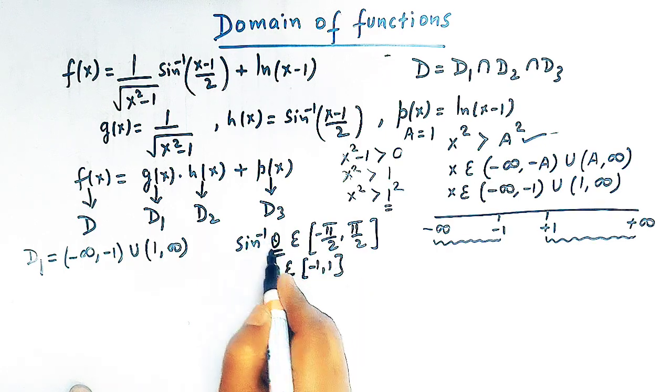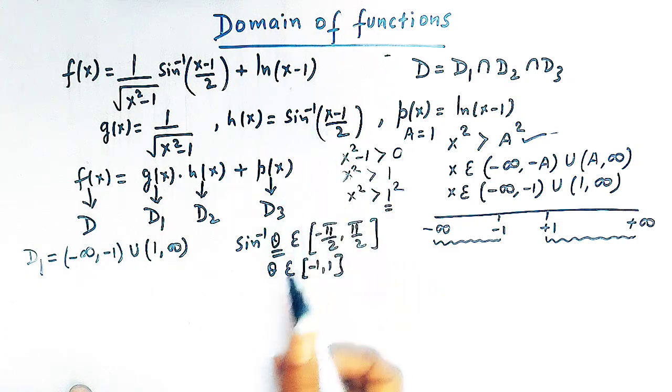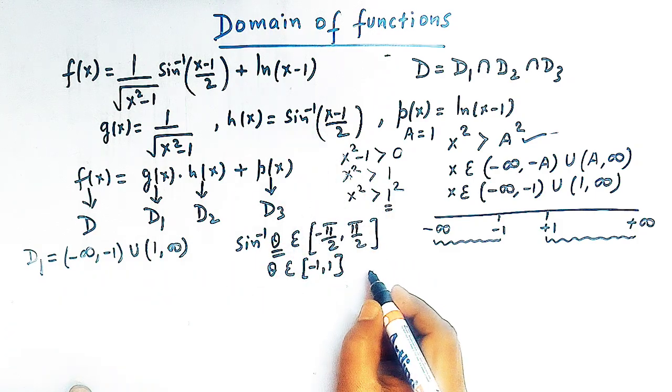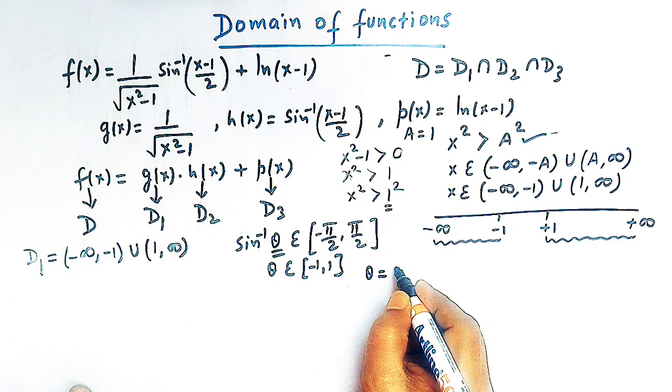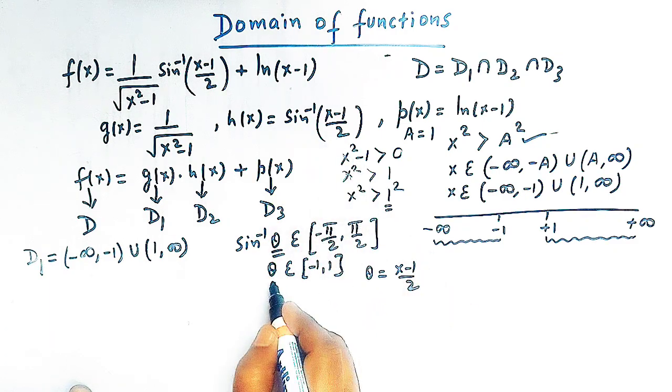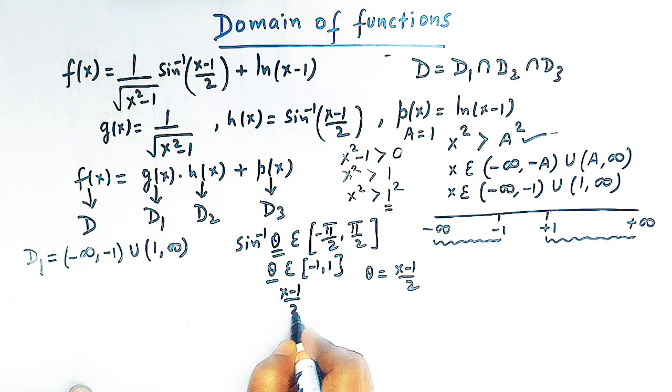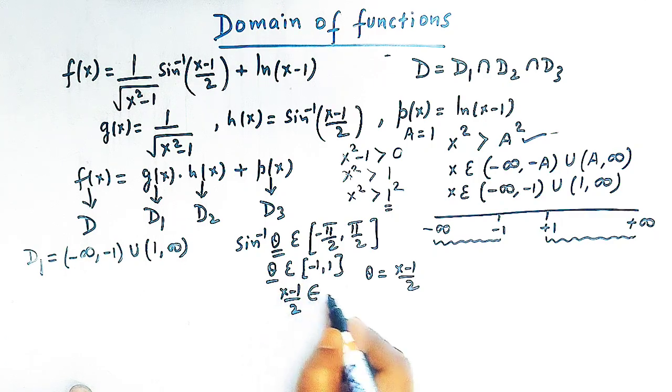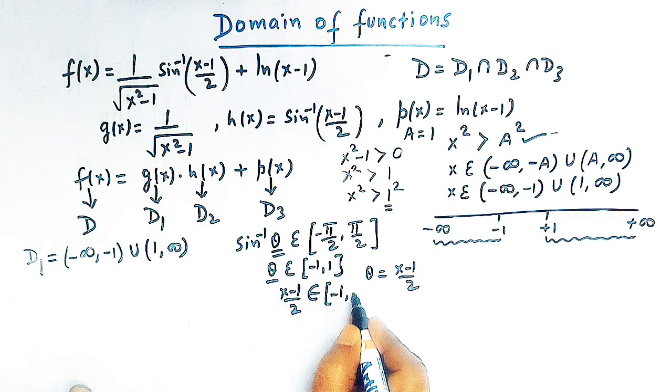And if we compare sine inverse theta with this one, then the value of theta is given by (x minus 1) over 2.